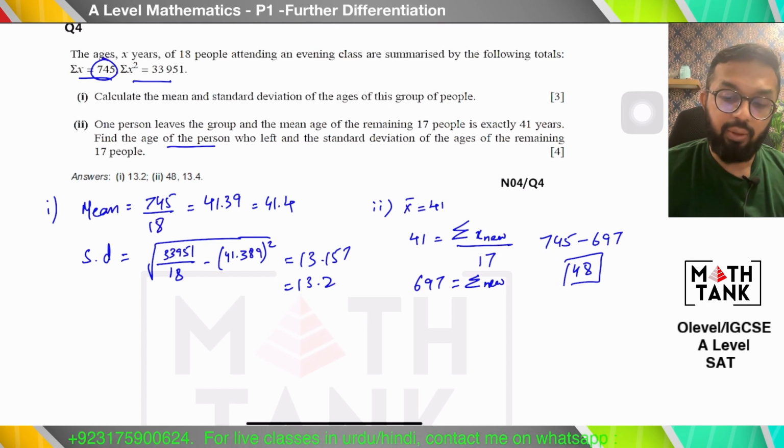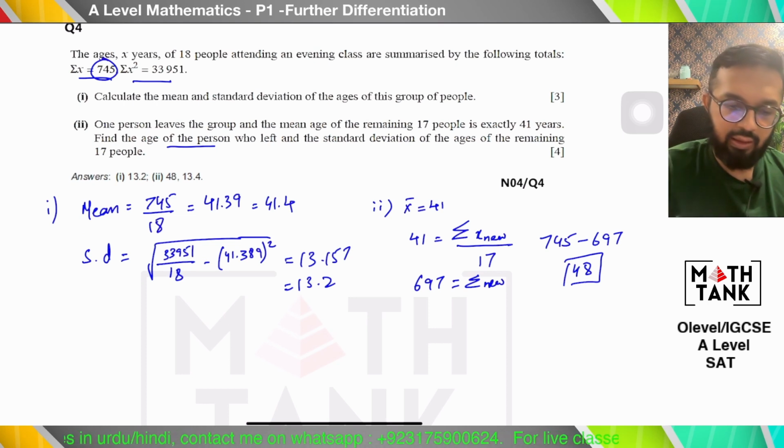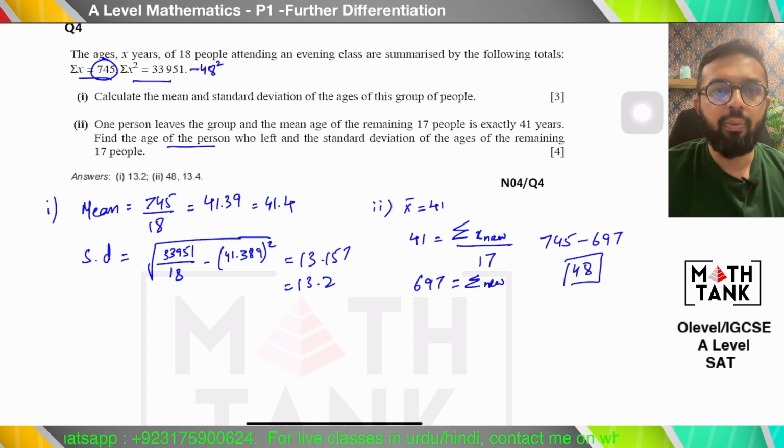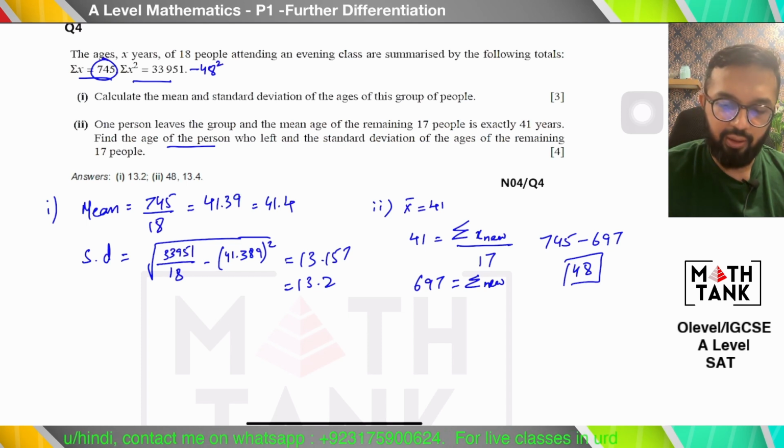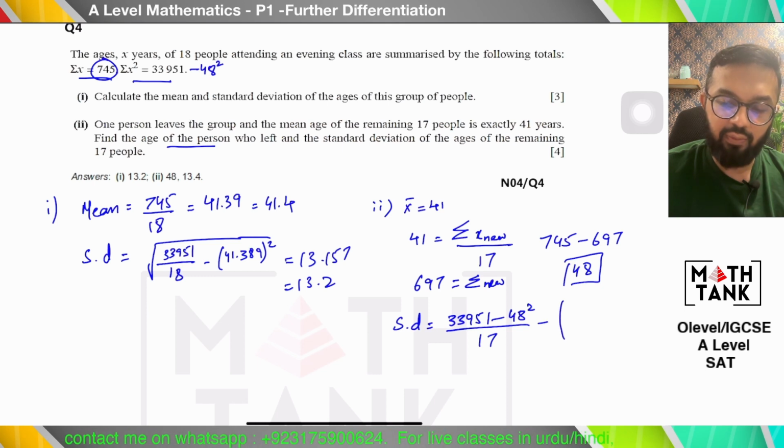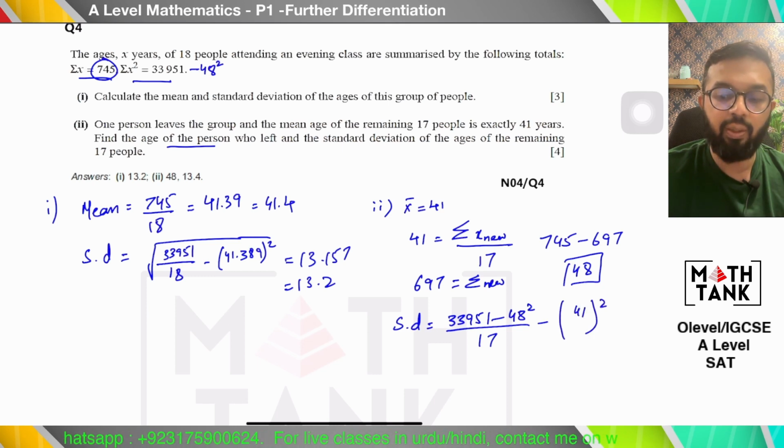Then I want to find the standard deviation of the remaining 17 people. So what I can say is that this sum would also be adjusted by 48 squared. Sum of x squared would no longer be 33951. It would be 33951 minus 48 squared. So standard deviation equals 33951 minus 48 squared divided by 17, minus the mean of these people, which is 41 squared.